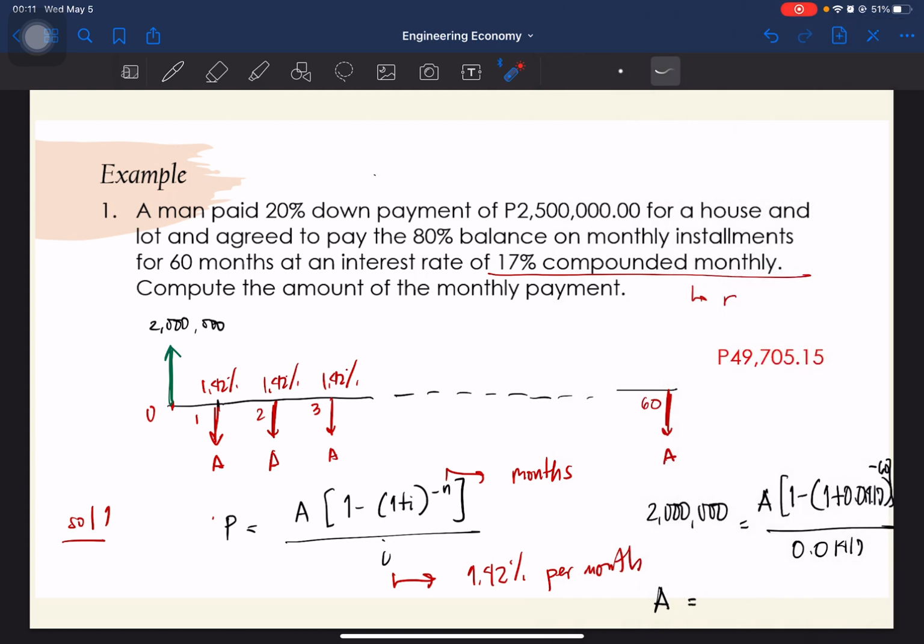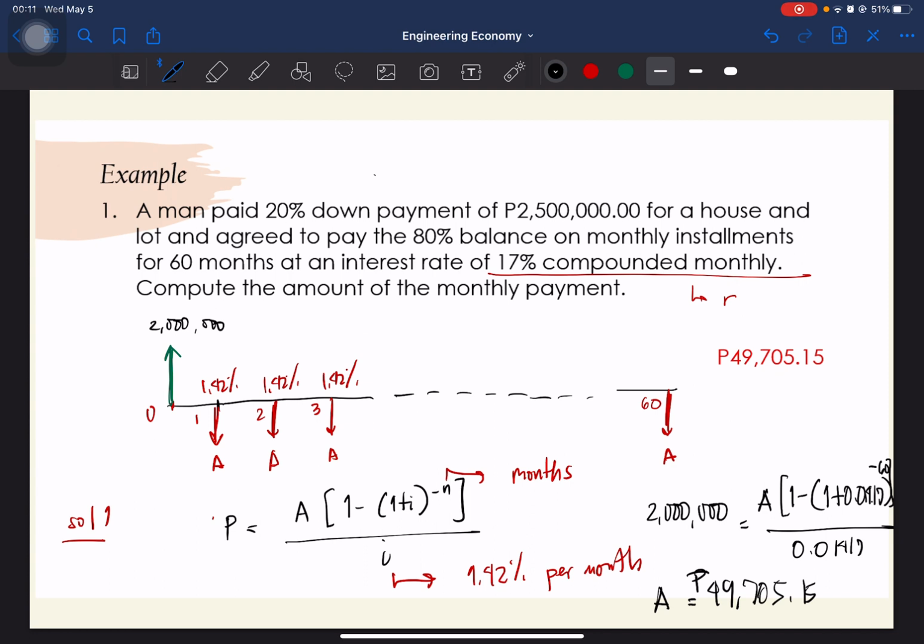So that's your monthly amortizations. Okay? Or your monthly payments. Don't forget the unit pesos. Okay? So, mahirap ba? It's not. Madali lang. Kailangan mo lang intindihin yung problem. And of course, you have to understand how the formula works.